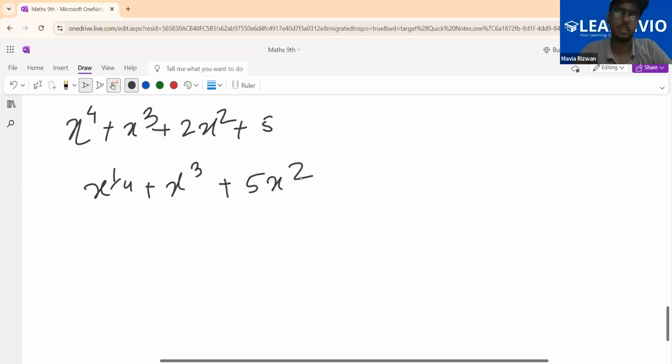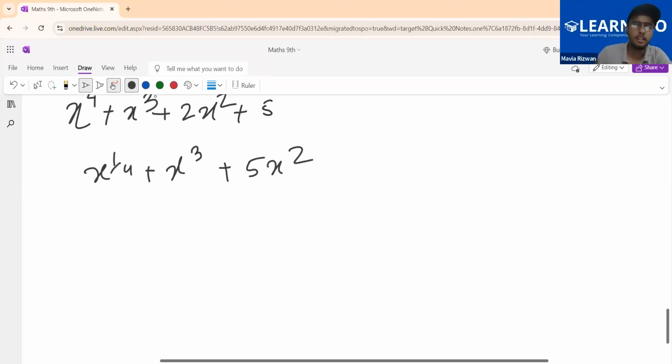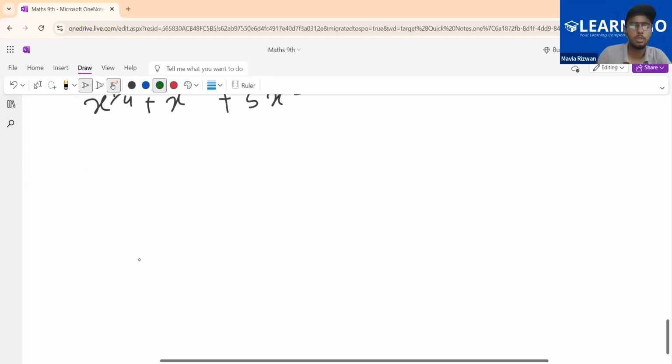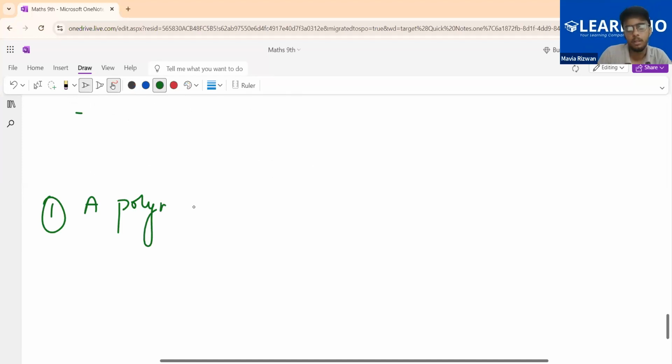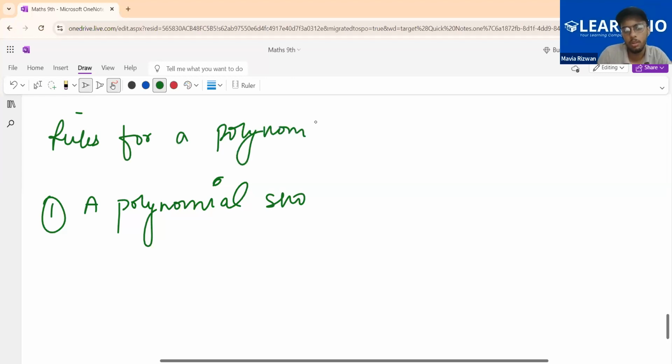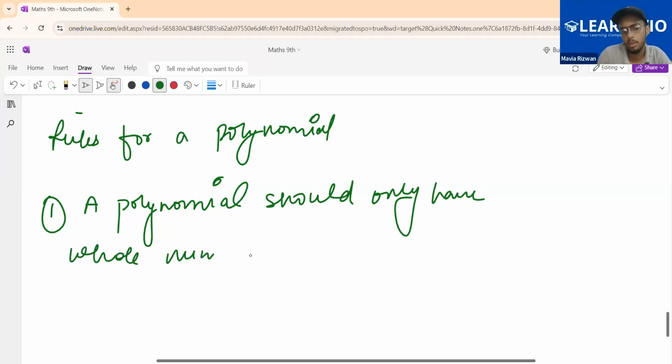See, this is the first rule that I write down. First rule is a polynomial should only have whole number powers on the variables.